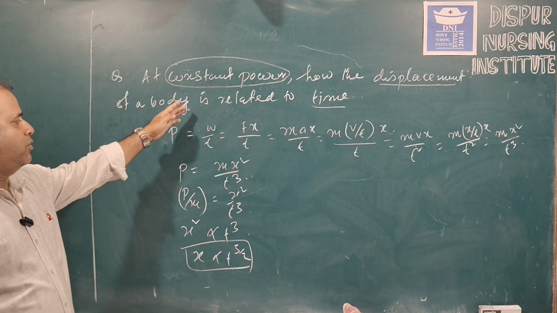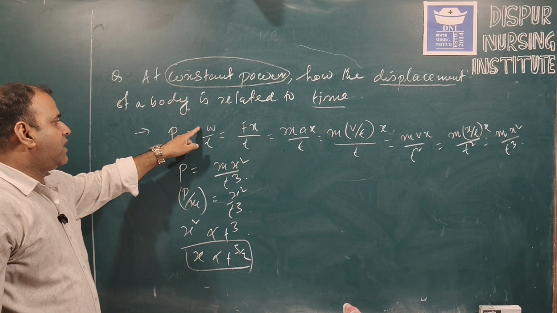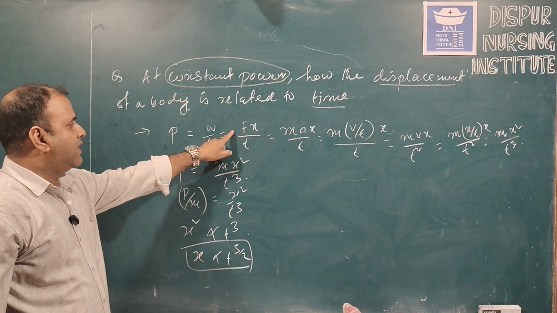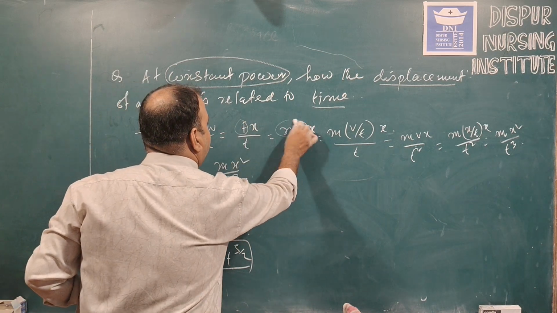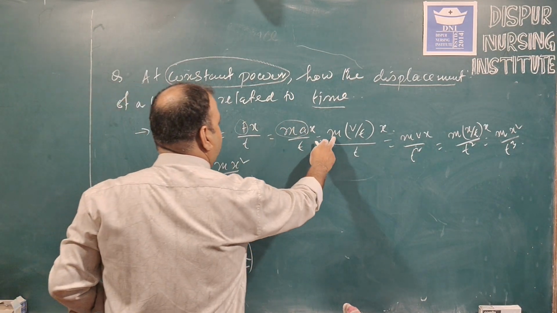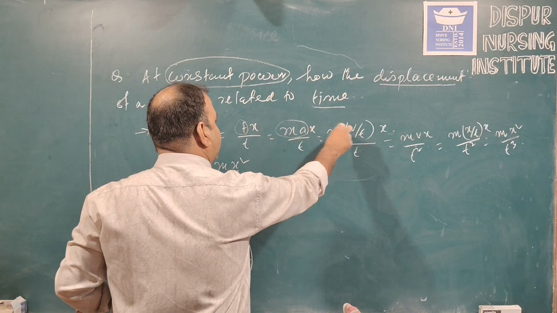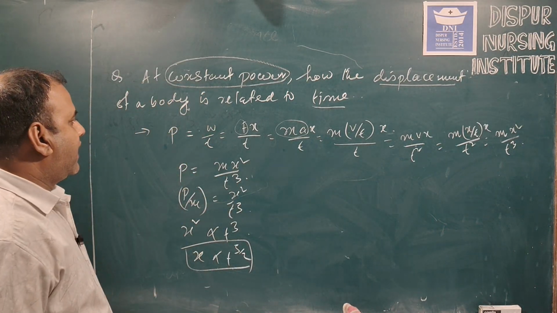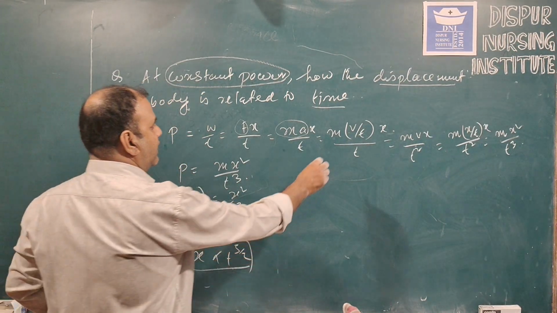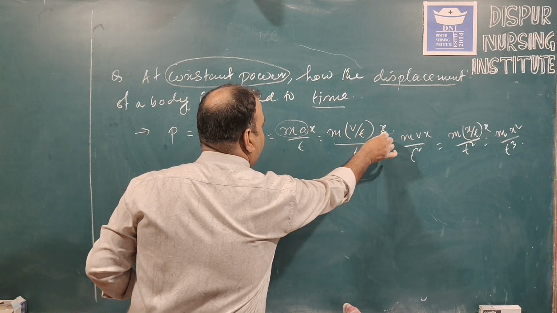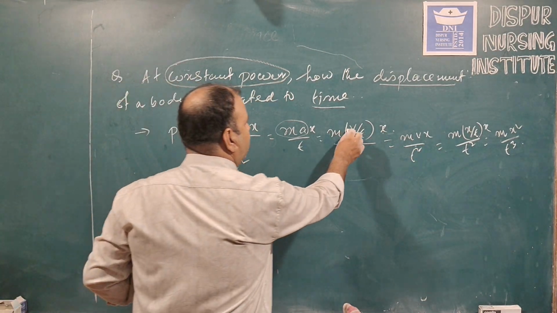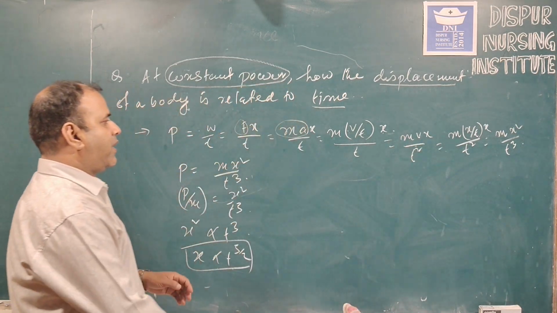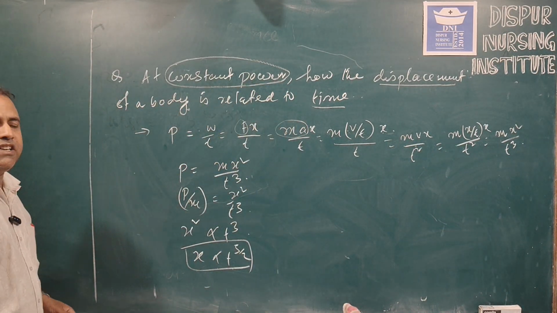Power is equal to W by T. W means work done, and work done means force into displacement. Again we have to convert force: force means m a. Acceleration means rate of change of velocity, so I have written velocity by time. After breaking up the velocity, you will get again x by t. So finally we get m x square divided by t cube.